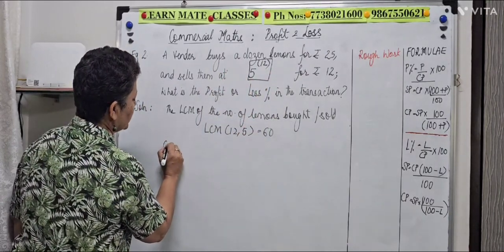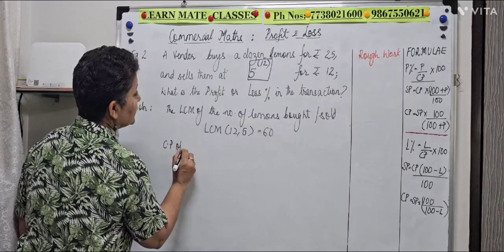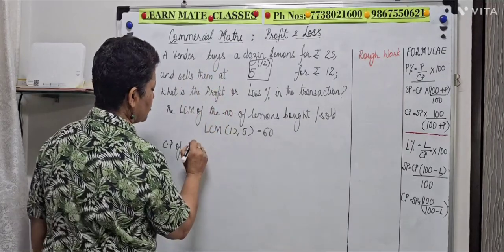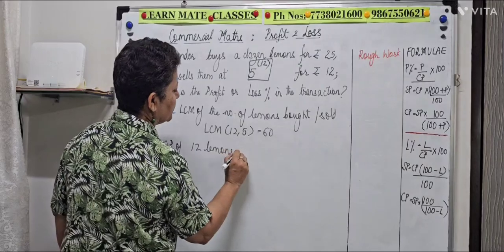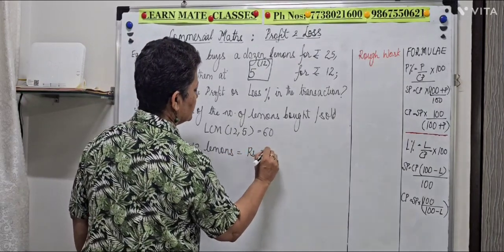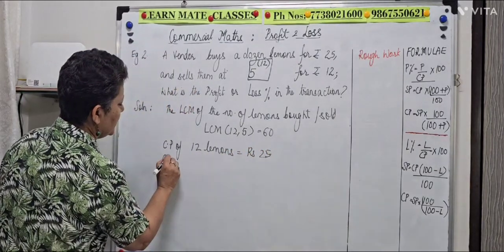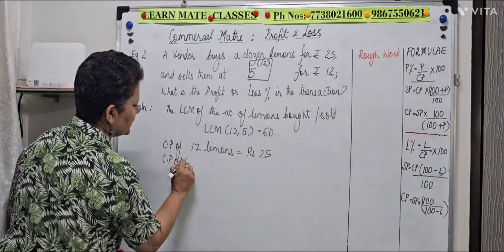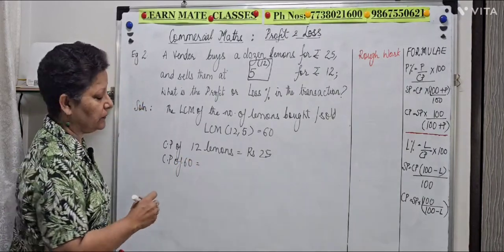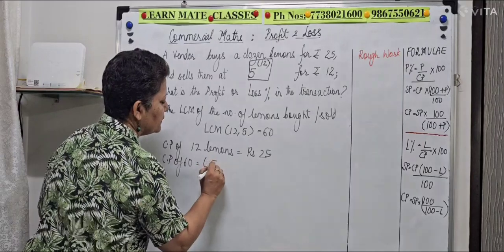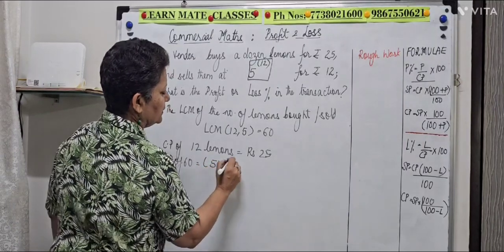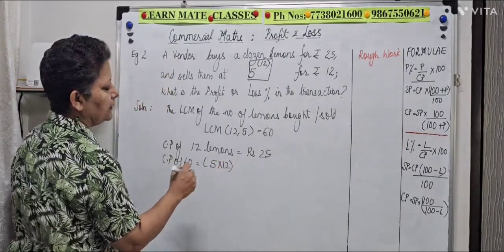So, cost price of what is given, 12 lemons, was given as rupees 25. So, cost price of 60. How do you get 60 from 12? It is actually 12, you're multiplying 5 into those 12, right?